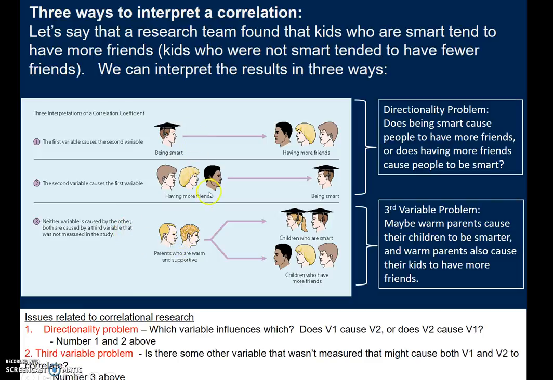Maybe neither of these cause each other. Maybe it's a third variable, like parents who are warm and supportive tend to have kids who are smart. Because they're warm and supportive, they monitor their kids' behaviors and academics closely, and those kids end up being smarter. And because they're warm and supportive, they've also taught their kids a lot of good social skills, which ends up causing those kids to have more friends.